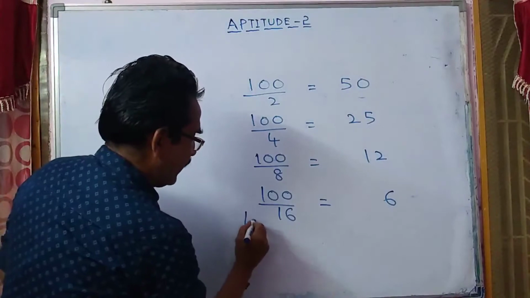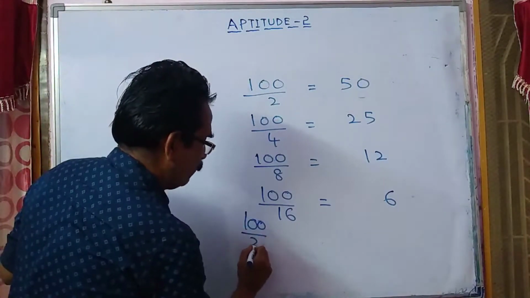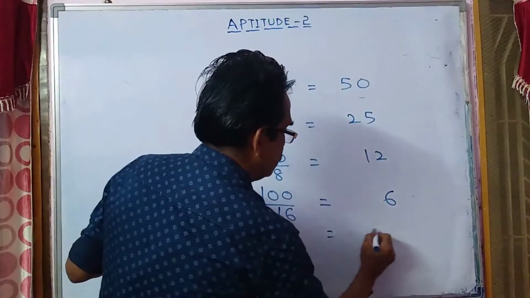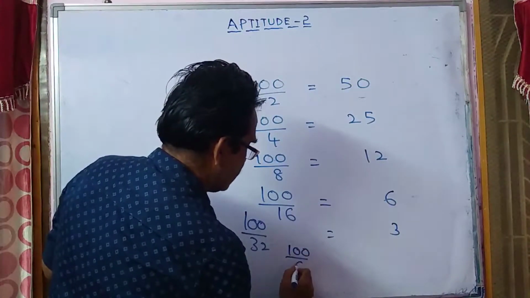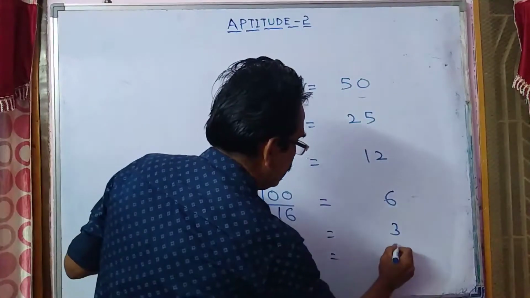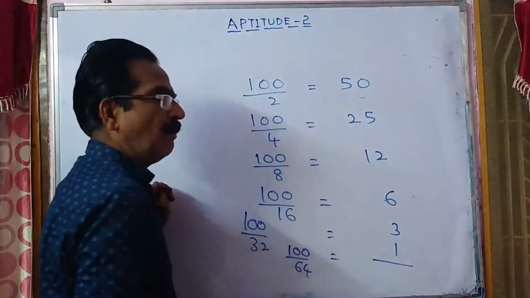Now 100 by 2 power 5, 32, 32 threes, so 3. Now 100 by 2 power 6, 64, 64 ones, so 1. Add all these things.